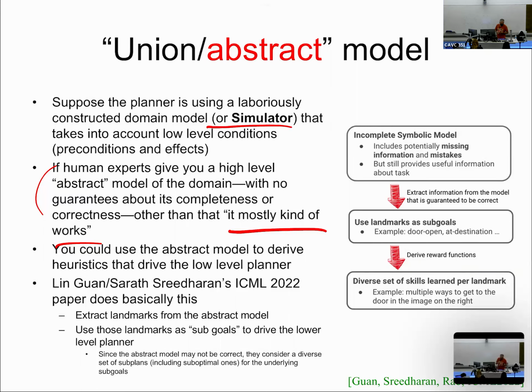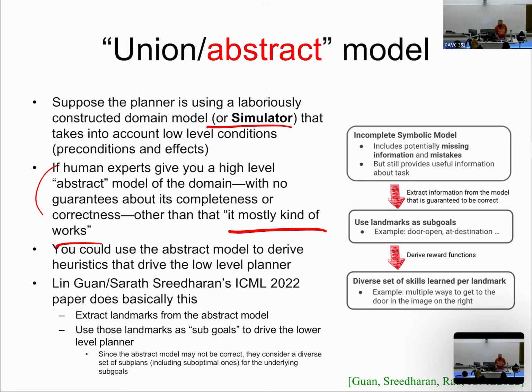Then you could use these abstract models to derive heuristics that can then push the low-level plan. That's what Lin did, and he got an ICML paper this year. More or less. He will yell at me saying, no, that's not exactly what I did, since I'm here and he's there.